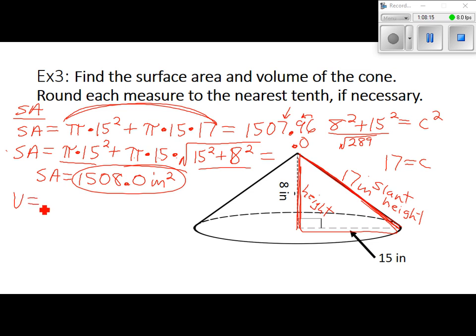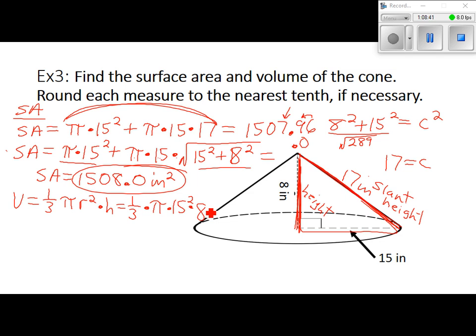And since that's surface area, it's area, so it's inches squared. Volume, the formula for volume is 1/3 times pi times radius squared times the height. Well, we know all those numbers, so it's 1/3 times pi times the radius, 15 squared, times the height, which is 8.